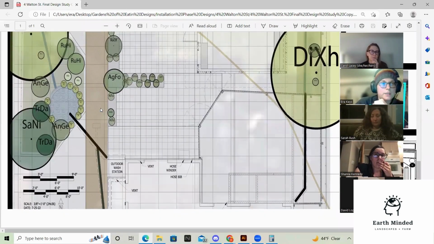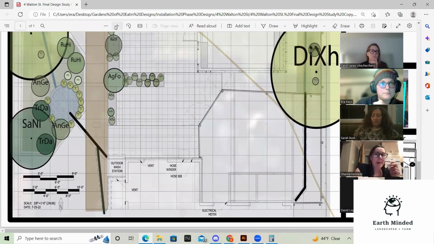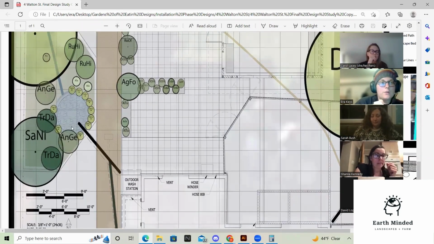And let's zoom in a little bit to this microclimate. So you will not have to dig it out. It was designed for that organic matter to build. And what you can see is that there are plants placed along the ring of it.